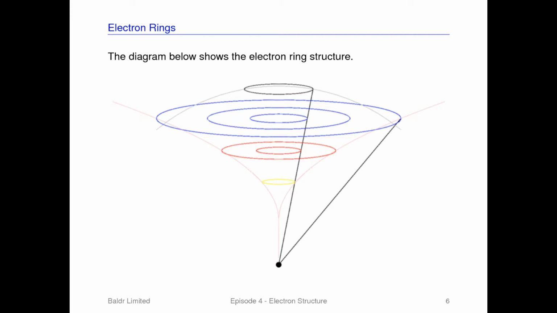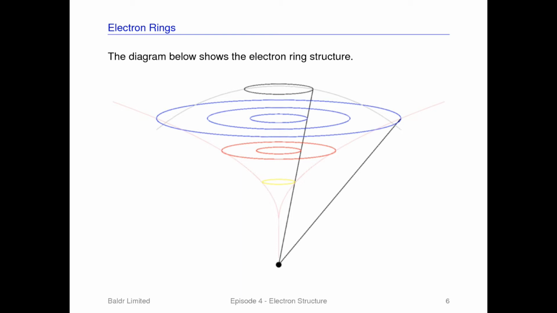Next up, we have 2 rings, which represent the second energy level, and which has the 2s and 2p ring, with the s being the smaller of the 2, since it only holds 1 electron as opposed to 3 within the p ring. After that comes the third energy level, shown in blue, which has the 3s, 3p and 3d rings, in that order from smallest to largest.